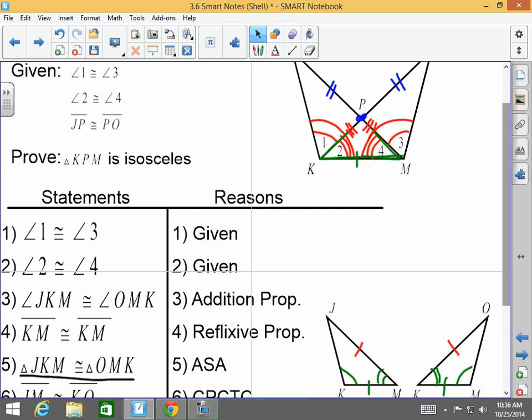And then if we know that the base angles, which are 2 and 4, are congruent, and the legs are congruent, we have an isosceles triangle. Okay?